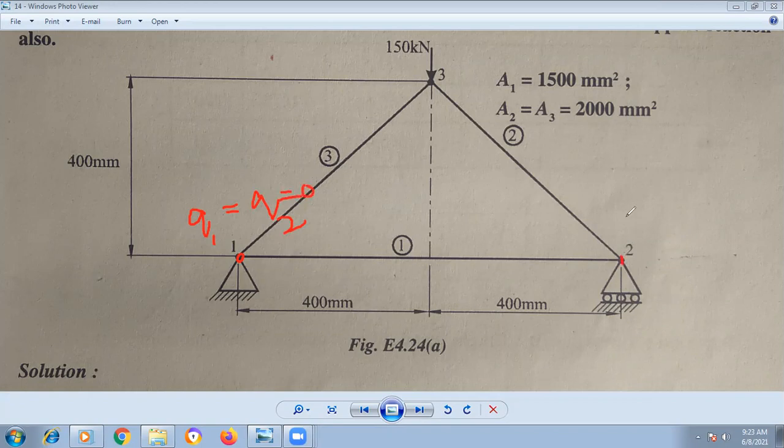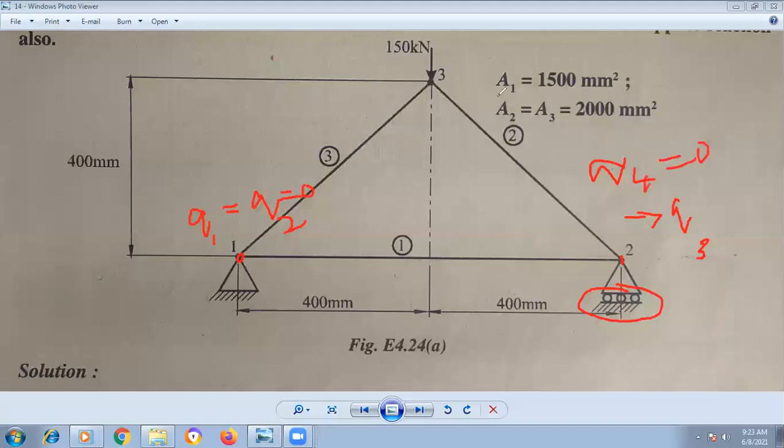At node 2, horizontal displacement is permitted because it is a roller support, so q3 is permitted, q4 is 0, and q5, q6 are present. This will have a 6 by 6 matrix because of 6 degrees of freedom, out of which, after application of the elimination approach, 3 by 3 will be eliminated. So we will be left with 3 equations with 3 unknowns. Have this picture in your mind.